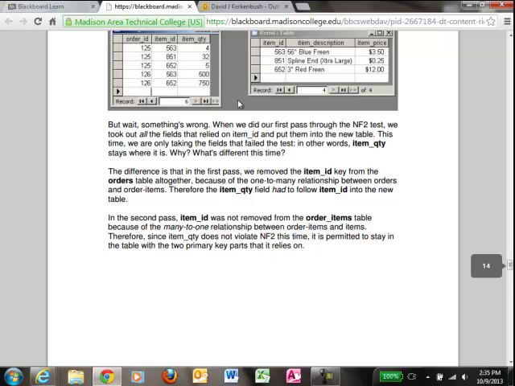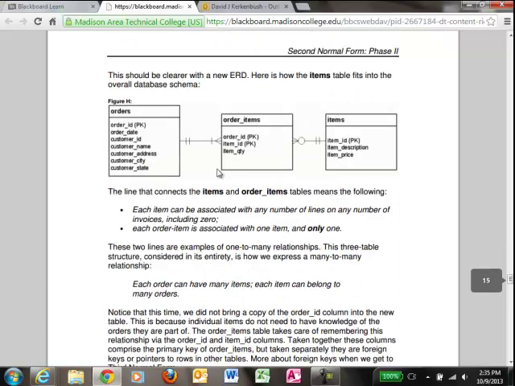There's the sample data, but here's what our ERD is looking like now. We broke it out: item ID, with item description and price. Here's our original table with only one field left in it, because this one field is dependent on both parts of the primary key.